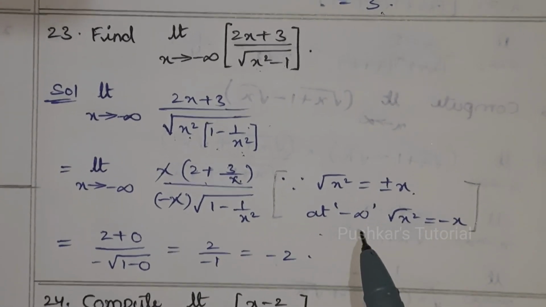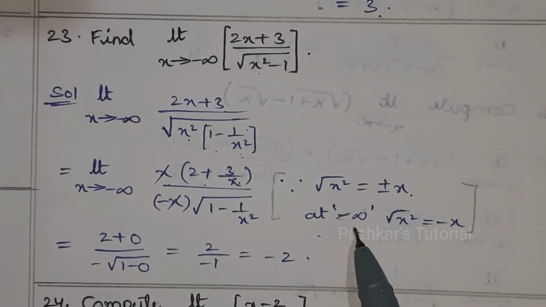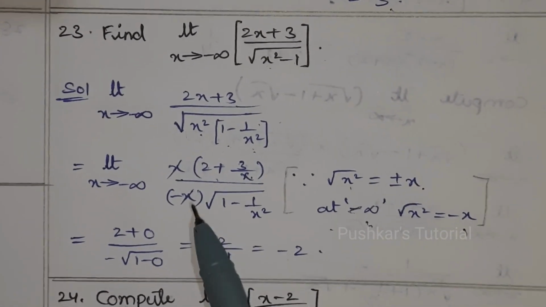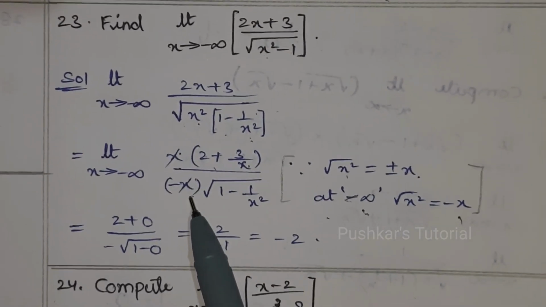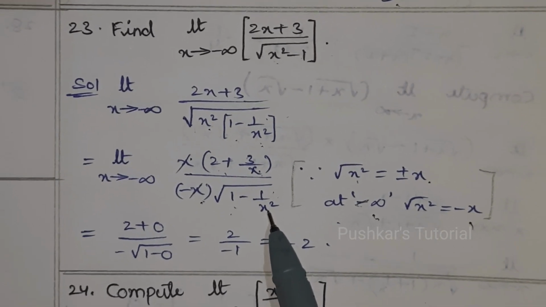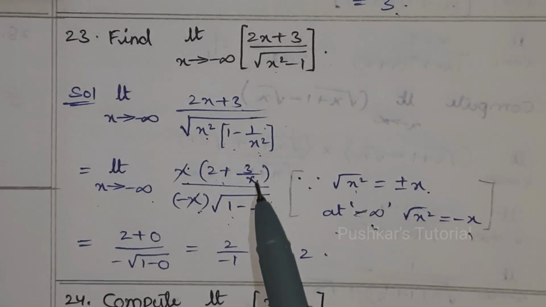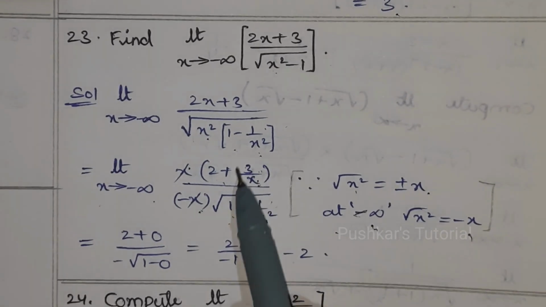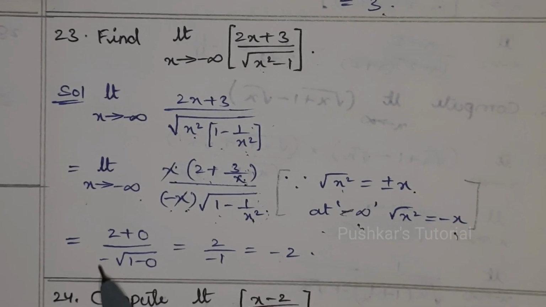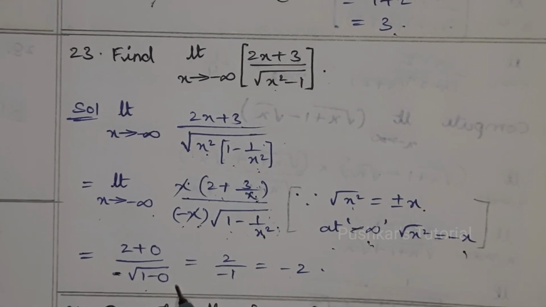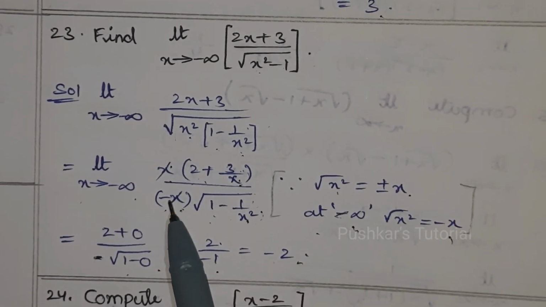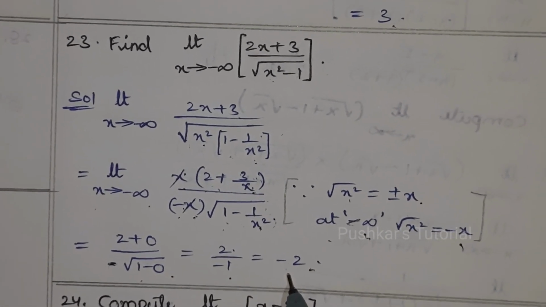But he has given limit x tends to minus infinity, so root of x square answer, we have to take minus x. So the numerator x and denominator x get cancelled: 2 plus 3 by x under root 1 minus 1 by x square. Limit x tends to infinity means 1 by x tends to how much? 0. So wherever 1 by x is there you have to put 0. So 2 plus 0 by minus, the minus is continuation, under root 1 minus 0. 2 by minus 1 answer is plus 2. 2 by minus 1 is minus 2, so if you don't write the minus here you will get only 1 mark.